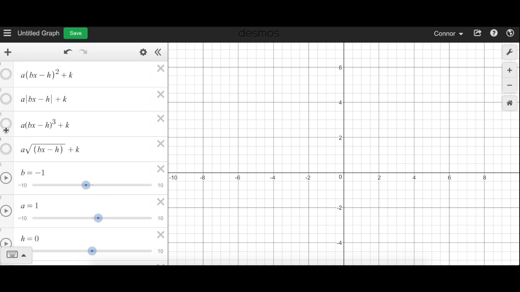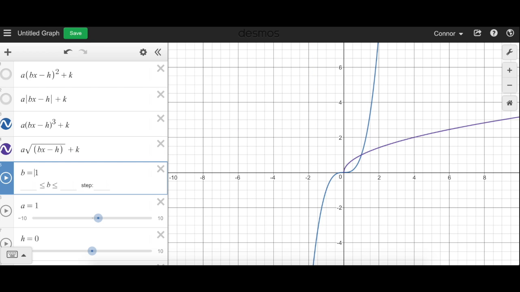It's easier to tell reflections with a square root function, or a cubic function. As you can tell, if I were to just make this one, they both would flip, and it's very easy to tell. So we'll use the square root function.